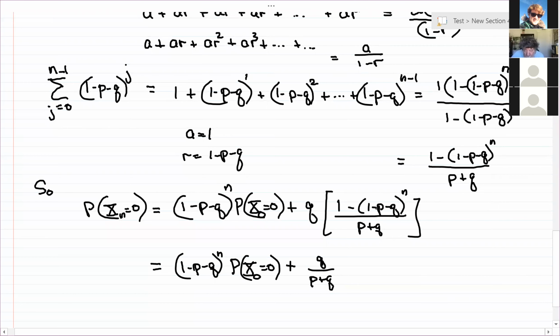And then when I distribute the q a little further, I have minus q times (1 minus p minus q) to the n all over p plus q. So the probability that at time n we're broken is equal to this expression.